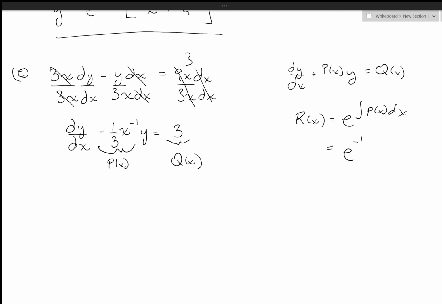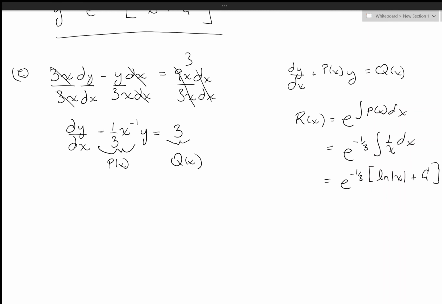Let's pull that out from p of x. And then we just have 1 over x dx. So this becomes e to the negative 1 over 3 times ln x plus really some constant, right? This is an indefinite integral.